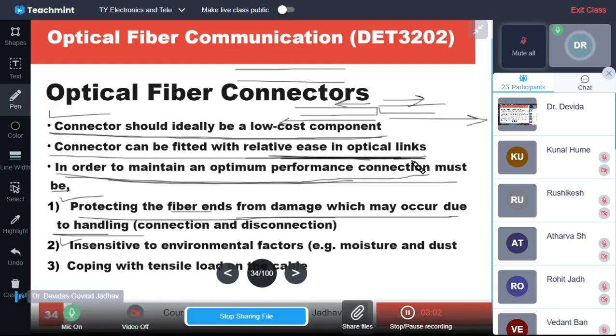The connector should hold the two cables together. Otherwise, the communication channel will break, or a very large loss will be introduced. So these are the fiber connector requirements.